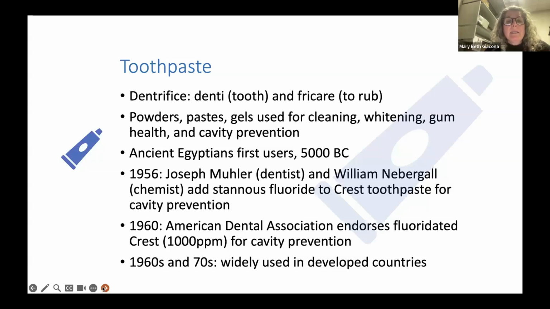And in 1960, the American Dental Association endorsed fluoridated Crest, which was fluoridated at 1,000 parts per million, because it was effective in preventing cavities. So again, that topical effect is doing the same thing as far as replacing that hydroxyl ion and turning hydroxyapatite into fluorapatite and making a harder enamel crystal structure. And by the 1960s and 1970s, fluoridated toothpaste was widely used in developed countries.